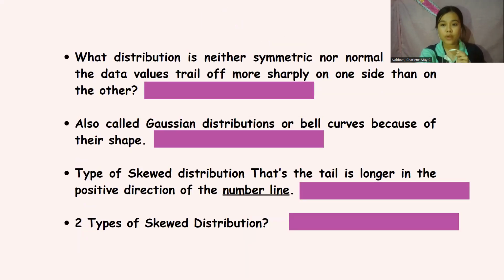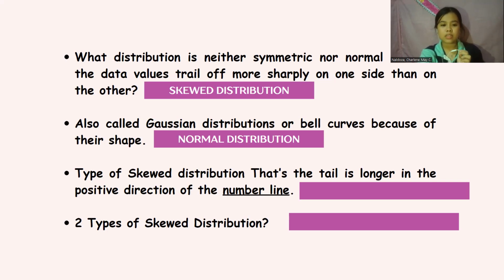So before we end this, let's summarize our topic. What distribution is neither symmetric nor normal because the data value trails off more sharply on one side than on the other? That is skewed distribution. Next, also called Gaussian distribution or bell curve because of their shape. That is normal distribution.